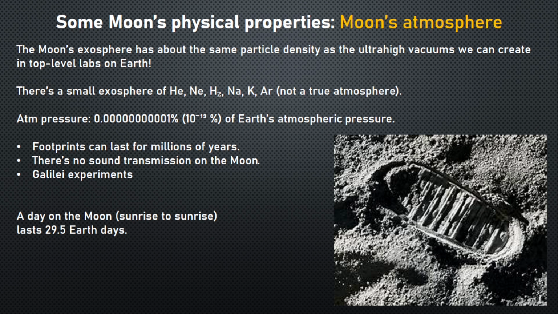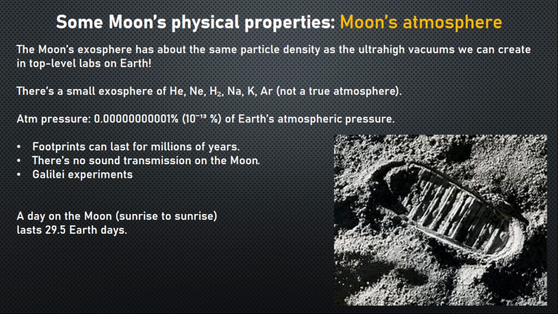Now I'm telling you, the highest vacuum that we've created in our best labs on Earth has the same particle density as the moon. That goes to tell you that the moon is a vacuum, no air.